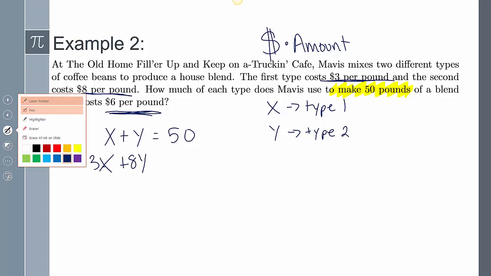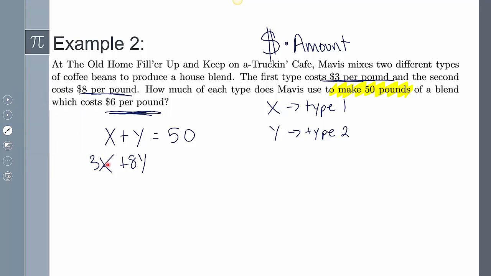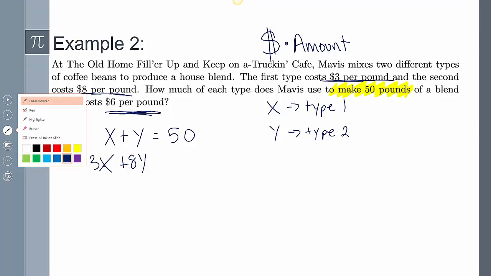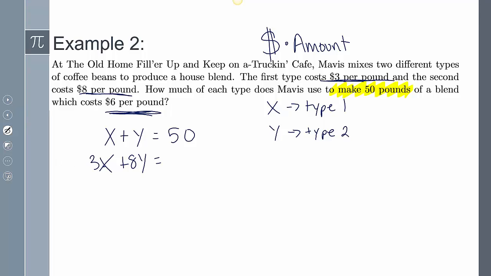So if I'm doing the cost per pound plus the cost per pound, this is going to equal the cost, which is $6. Now, how many pounds total do I have? Well, I have 50.